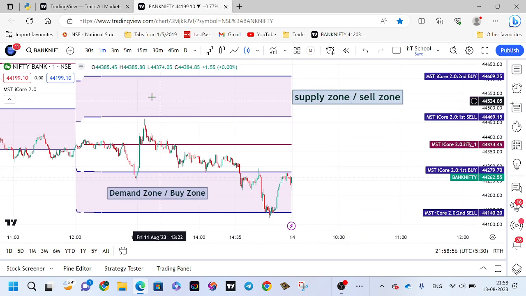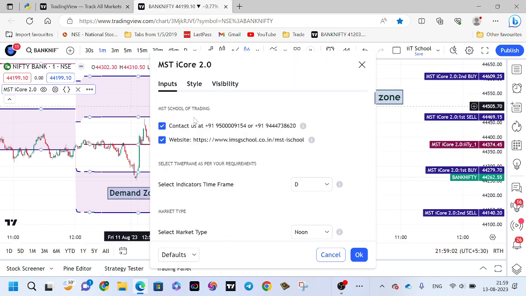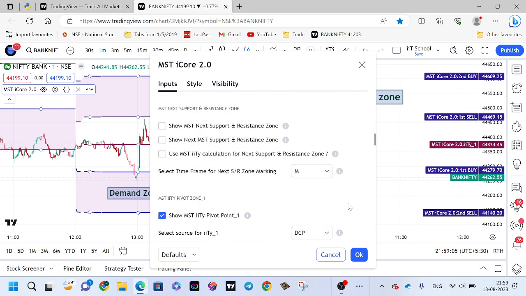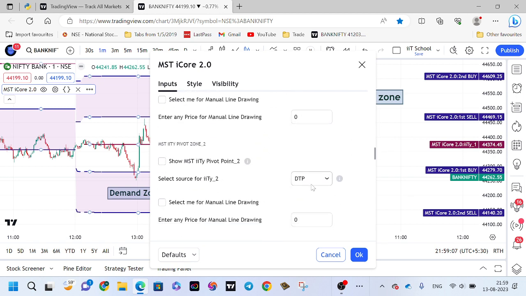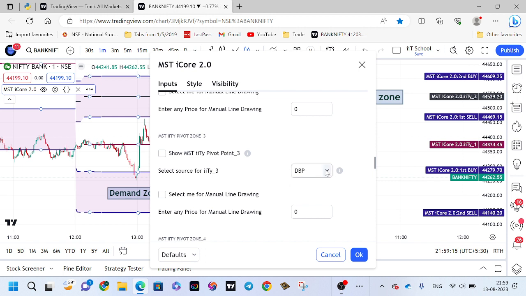If you want the midpoint of these two levels, go to the settings. DTP means top side midpoint. If you enable DTP, you can see one midline coming here. Then what is DBP? That is the bottom midpoint.